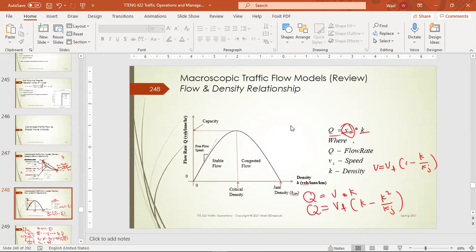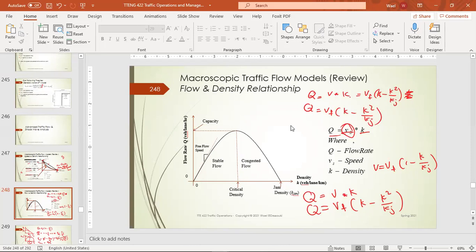If we say that Q equals V multiplied by K, and we said before that V equals VF multiplied by 1 minus K over K jam, then multiplying by K, this becomes K squared, and there is K. So as you can see, Q equals VF multiplied by K minus K squared over K jam. That's a parabola. It's nonlinear.